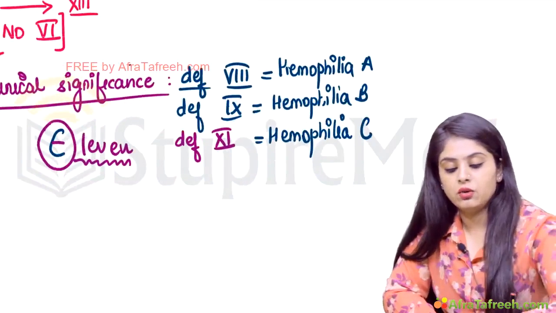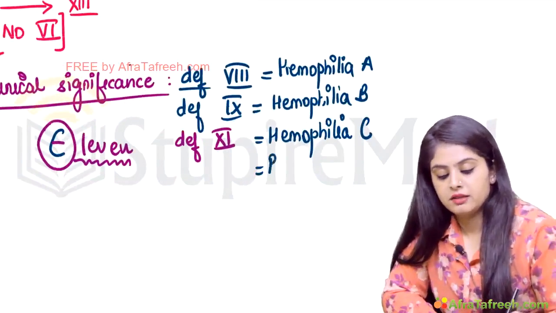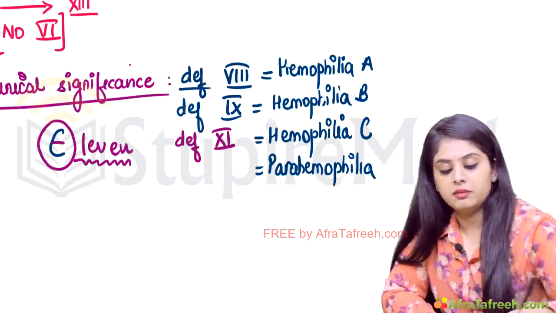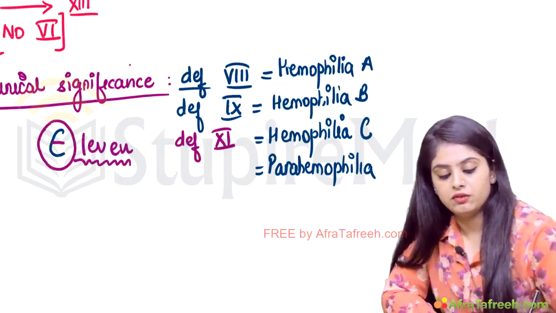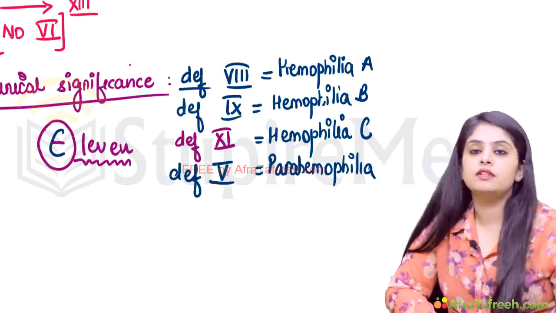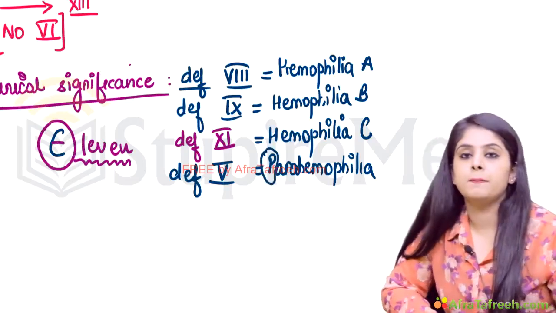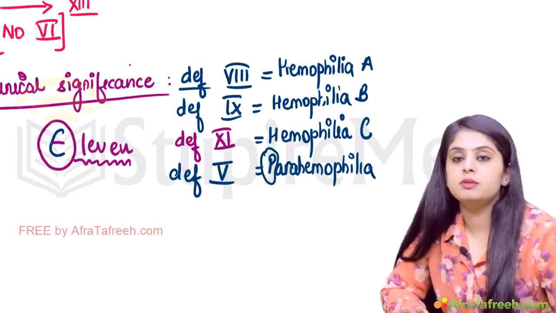Next, there is also something known as parahemophilia. Parahemophilia is nothing but the deficiency of factor 5. How will we remember it? P for para and 5 happens to be panch.